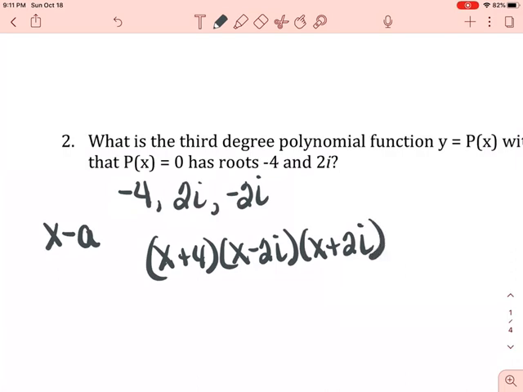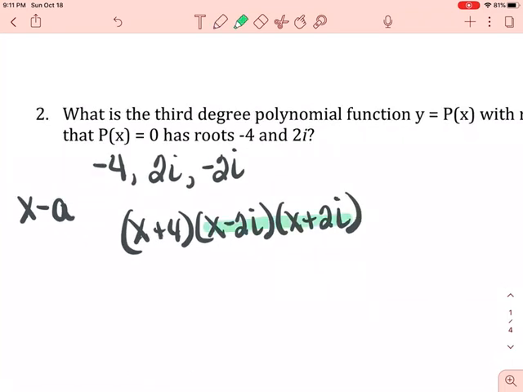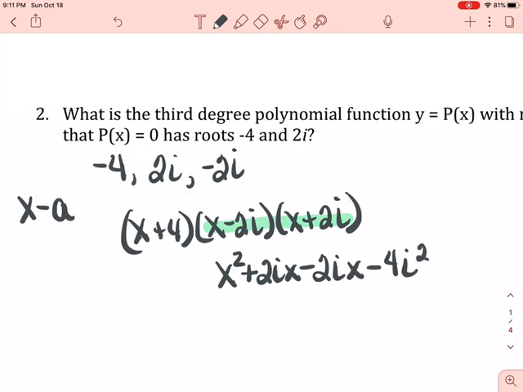Okay, and again, the conjugate theorem says that if one i is a root, the other i is also a root. Okay, so I'm going to multiply the i's together. I'm going to find that a little bit easier. Okay, so if you notice, the two ix's are going to cancel each other out, and you're left with x squared. And you also have to remember that i squared is equal to negative 1. So we have negative 4 times negative 1, that makes it plus 4.